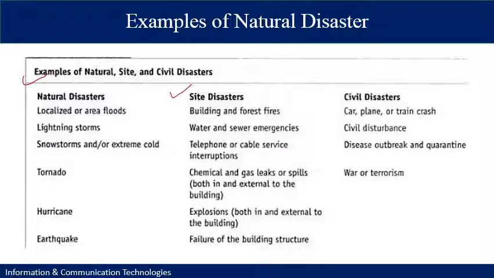It can be a site disaster such as a building or forest fire, some water emergencies, telephone or cable service interruptions, or some explosions in the building. There can be some civil disasters such as a crash so that your system is interrupted, some civil disturbance, or a disease outbreak and quarantine.